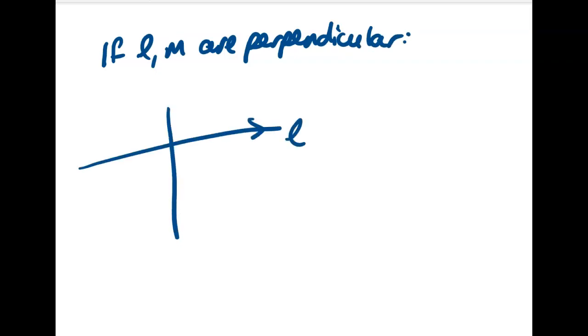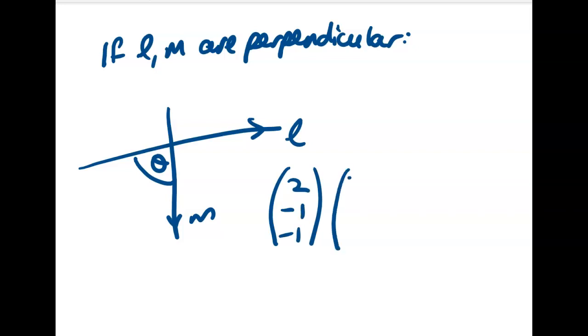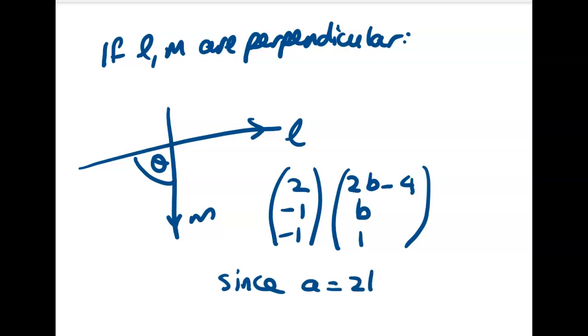Here's L, and here's M, and here's theta. Then the direction vectors are given by 2, -1, -1, and 2b minus 4, b, and 1. And that's because a is equal to 2b minus 4.